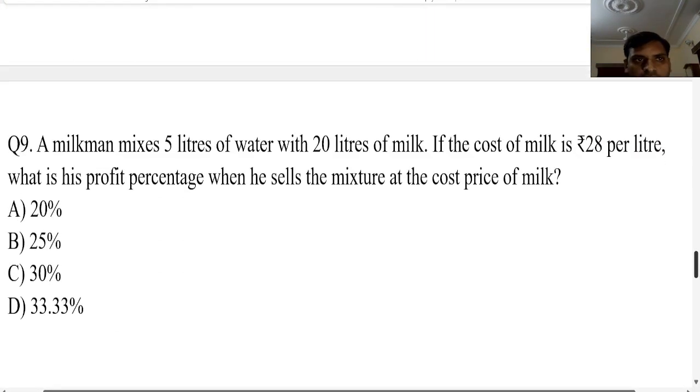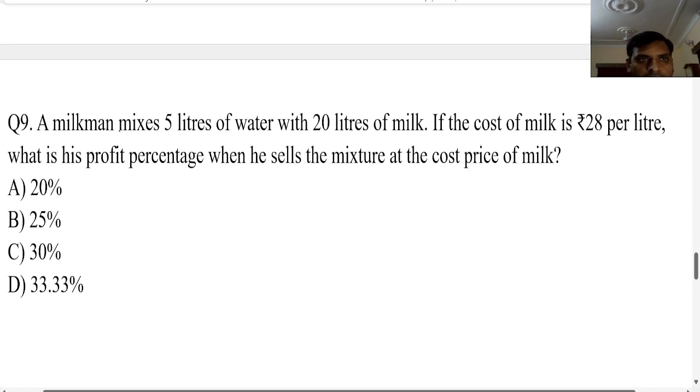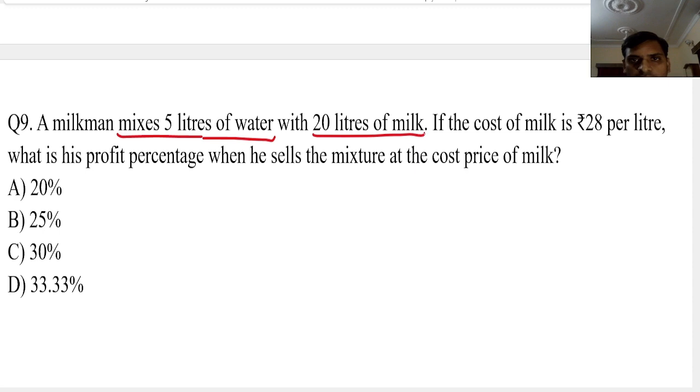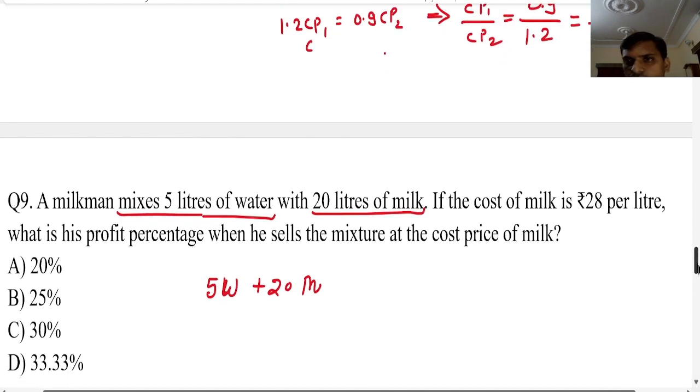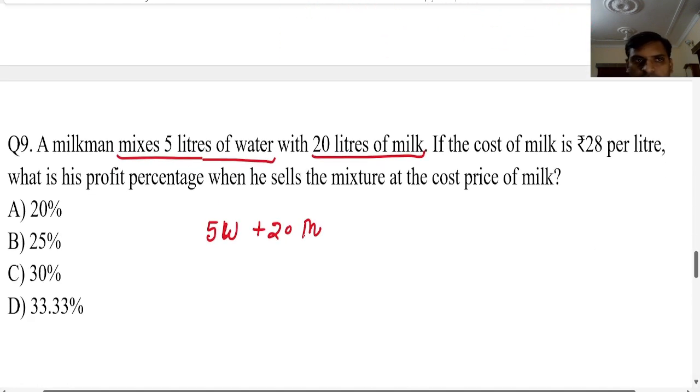Now the next question, question number 10. A milkman mixes 5 liters of water with 20 liters of milk. So 5 liters of water and 20 liters of milk. If the cost price is 28 rupees per liter, what is the profit percent when he sells the mixture at the cost price of milk?